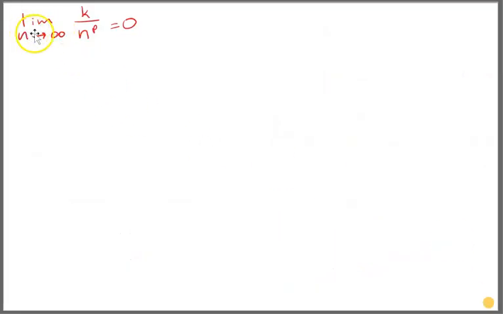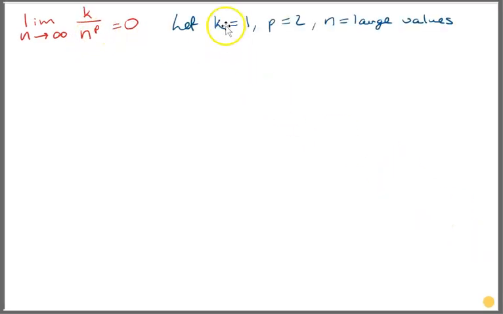So the limit as n approaches infinity of k over n to the power p is equal to 0. If we let k equal 1, for example, and p equal to 2, and n equal a large value, we're going to just see what this will look like. I've just picked two small numbers to represent k and p, and n will be a very large value.